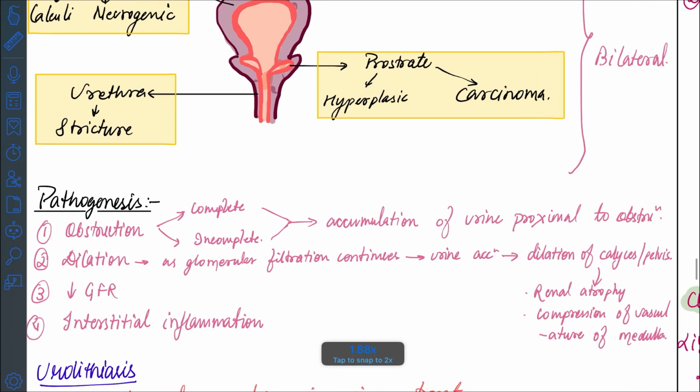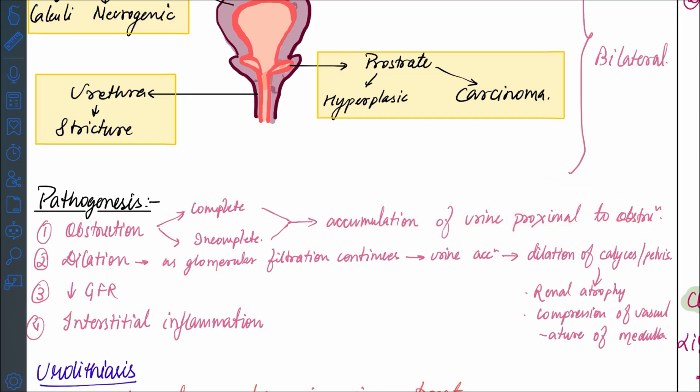Coming to the pathogenesis, it can be seen in 4 steps: obstruction, leading to dilation, leading to decreased GFR, and ultimately causing interstitial inflammation. The obstruction can be complete or incomplete. Both of these lead to accumulation of urine proximal to the obstruction. Remember, proximal to the obstruction.